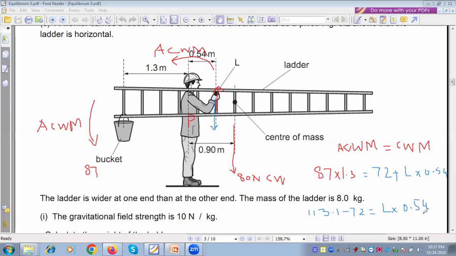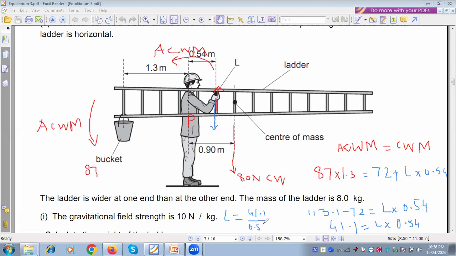So 113 minus 72 is equal to 41.1. L into 0.54. So what is L? L will be 41.1 over 0.54.